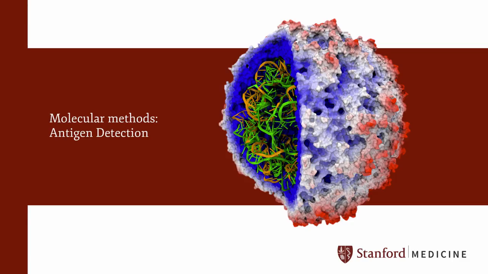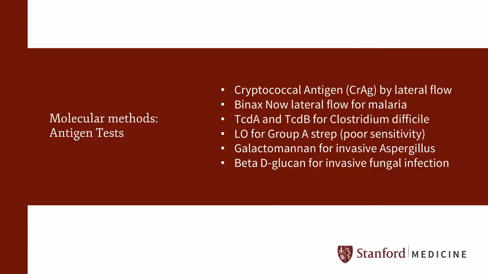In the past decade, clinical microbiology laboratory has been revolutionized by molecular methods which allow pathogen detection, identification, and even antimicrobial susceptibility testing, all in minutes to hours. For example, antigen tests with lateral flow assay, such as the cryptococcal antigen test and Clostridium difficile rapid membrane enzyme immunoassay, allow rapid detection of these pathogens in blood and stool.